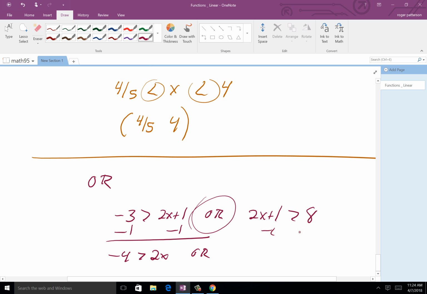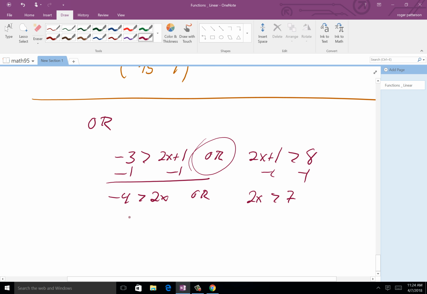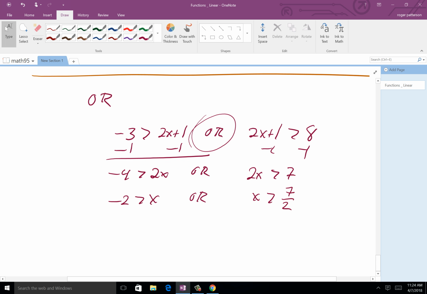I'll put -3, -2, -1, 0, 1, 2, 3, 4. 7/2 is 3.5, so it's going to be right there. Okay, so 7/2 right there, and I have an open circle because it's just a greater than.